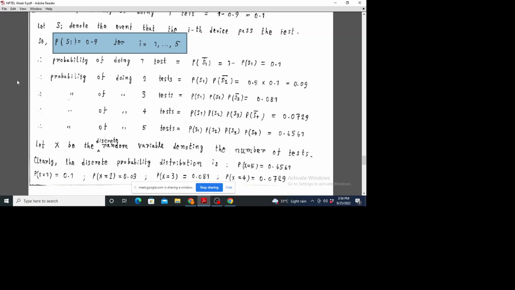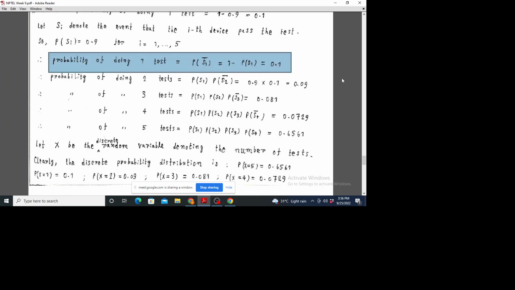So now we will treat the number of tests as a random variable.